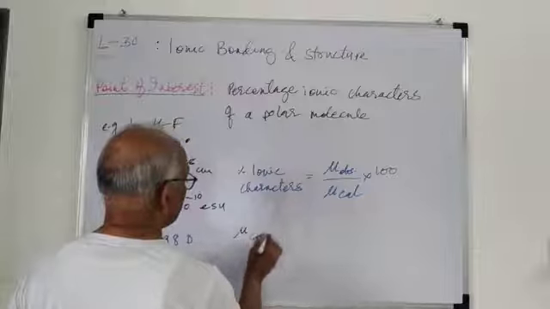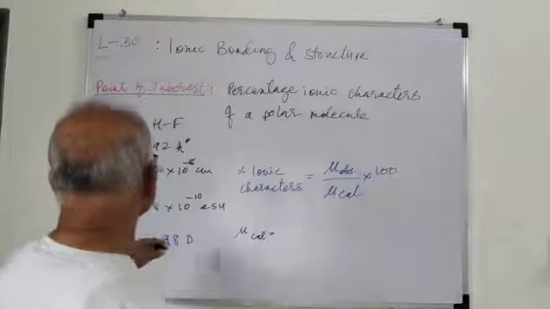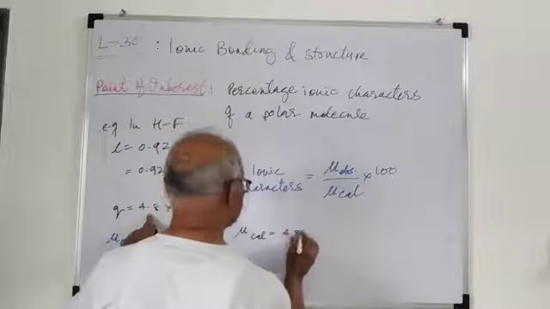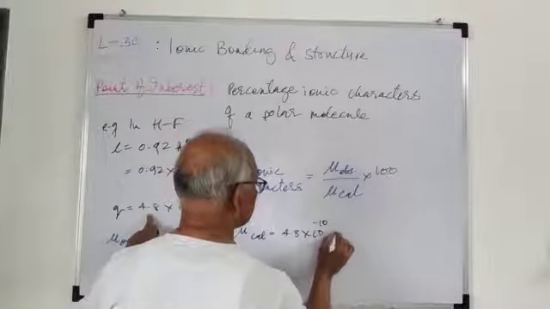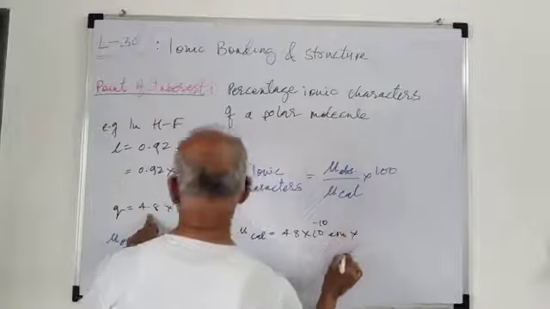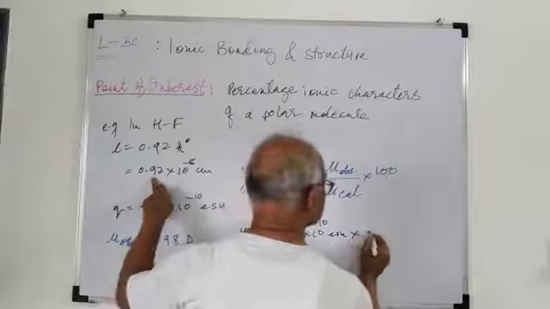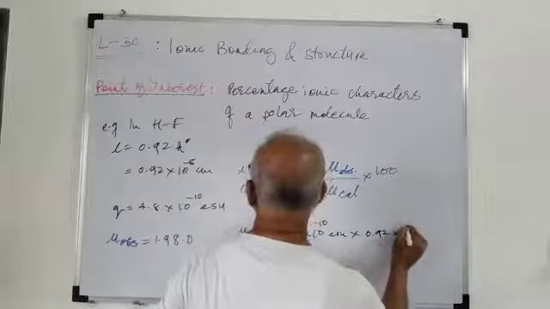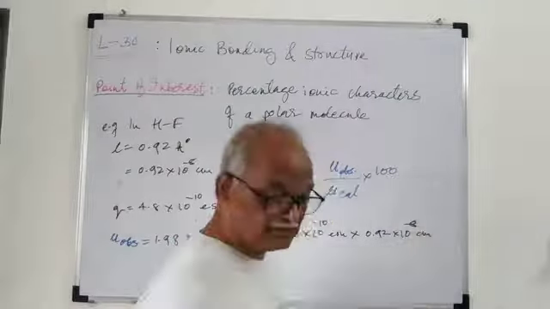Mu calculated is equal to Q into L, where Q is 4.8 into 10 raised to minus 10 ESU and L is 0.92 into 10 raised to minus 8 centimeter.